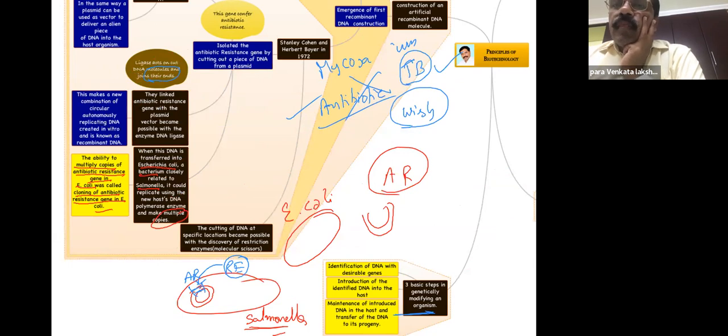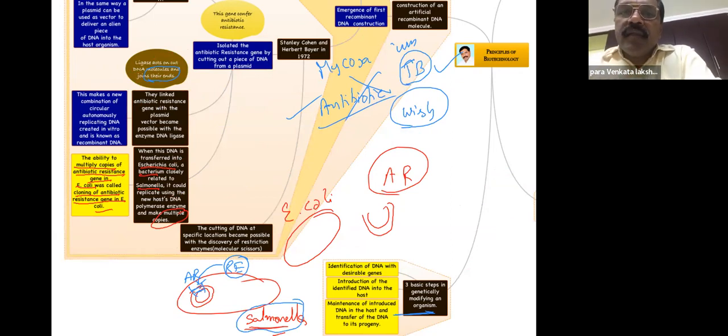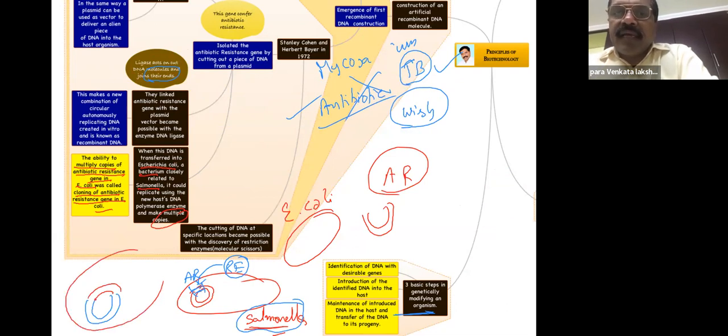See here, from the Salmonella, this antibiotic resistance gene can be taken out. Then this will be added to one more plasmid, and this resistance gene was added. And it will be kept in another bacteria, that bacteria is called E. coli. Now, what will E. coli do?